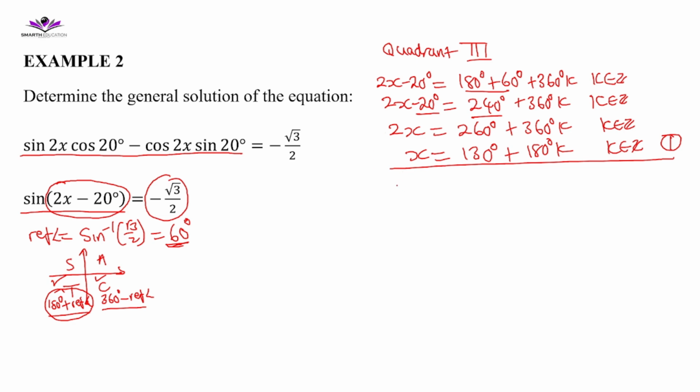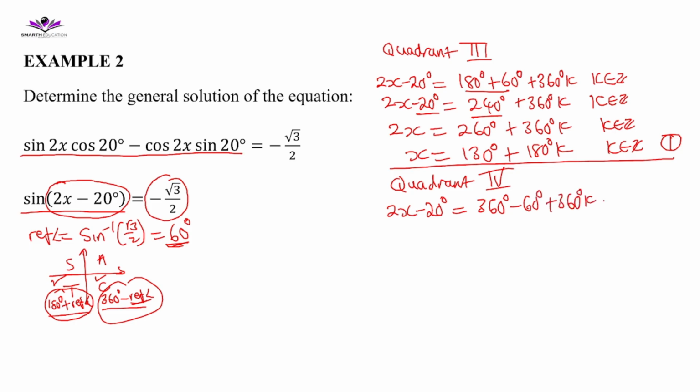And then quadrant 4, we're going to use this. Our angle, which is 2x minus 20 degrees, is equal to 360 degrees minus our reference angle, which is 60 degrees, plus 360 degrees times k, where k is an integer.